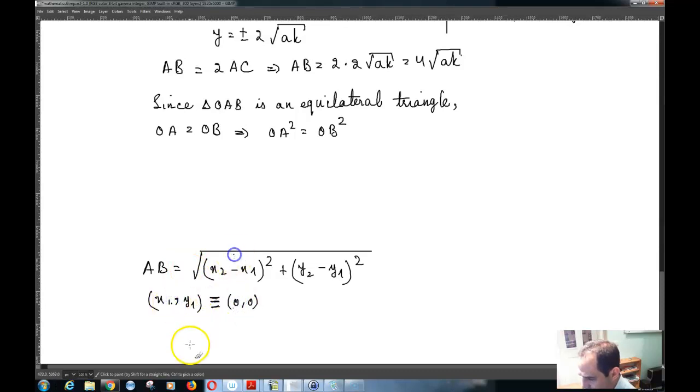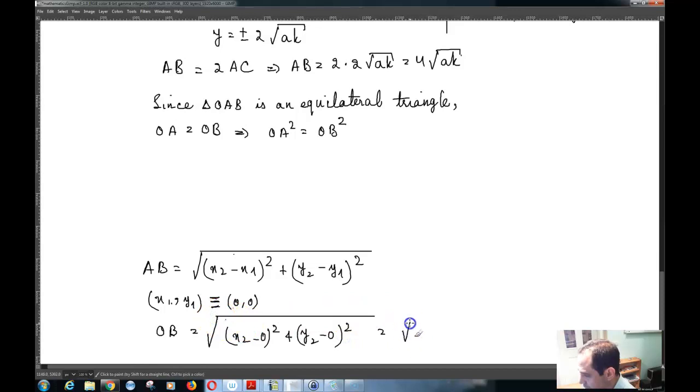If I use this point in this formula, I can call the distance OB equal to the square root of (x2 minus 0) whole squared plus (y2 minus 0) whole squared, which is equal to the square root of x2 squared plus y2 squared.